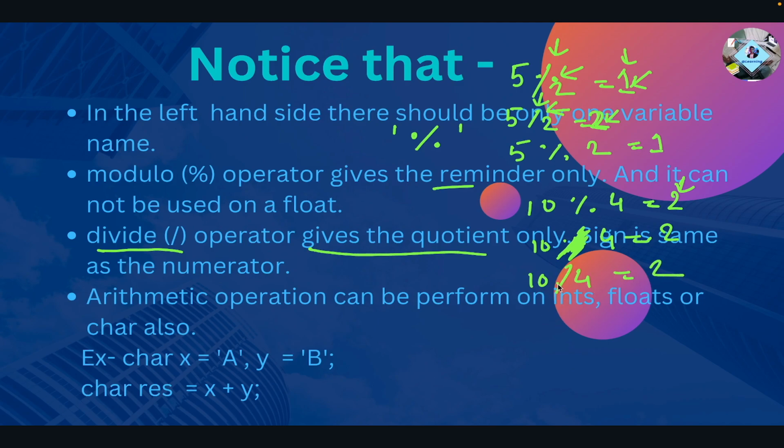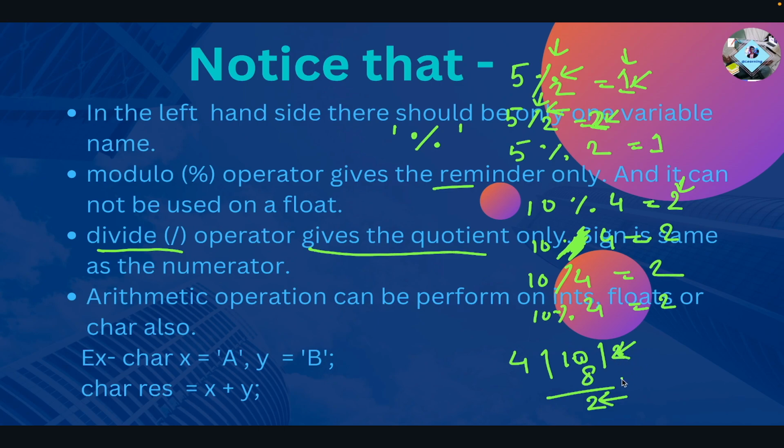But if you use the modulo operator here, it will give you 2 as well, because this is how it happens. Let me show you. 4 into 2 means 8, and the remainder is 2. So when we use the modulo operator, it will give you this result. But when you use the divide operator, it will give you this result.